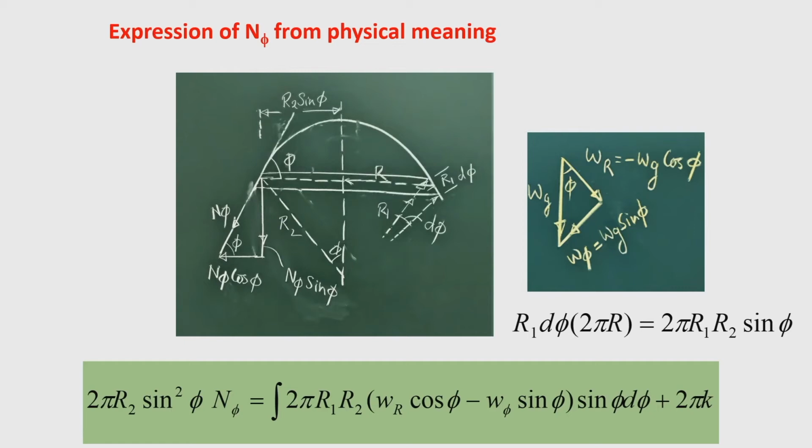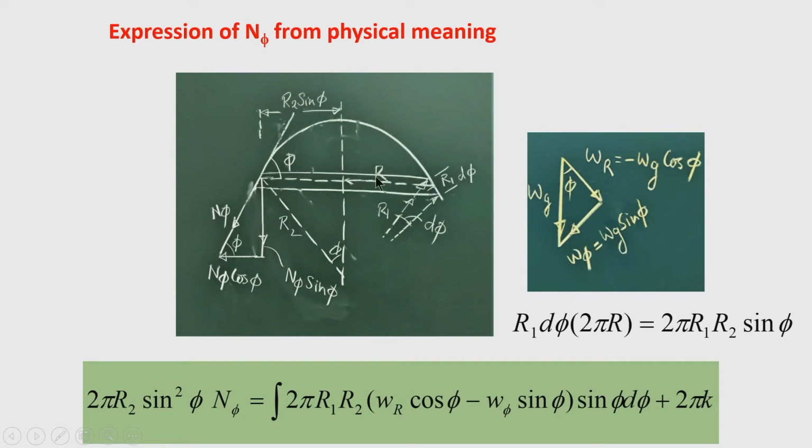Okay. Now, take a small strip of the shell whose width is r 1 d phi, and d phi is the small meridional angle, and phi is here. The radius of the sphere is r 2 equal to r 1, and r is the radius of the parallel circle, which can be related to r 2.